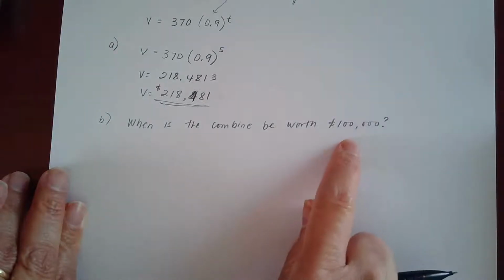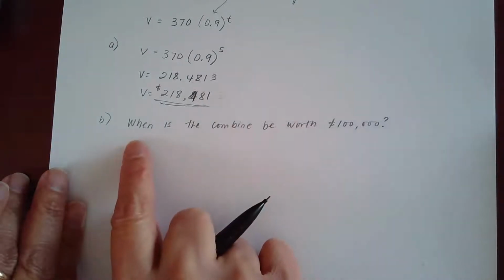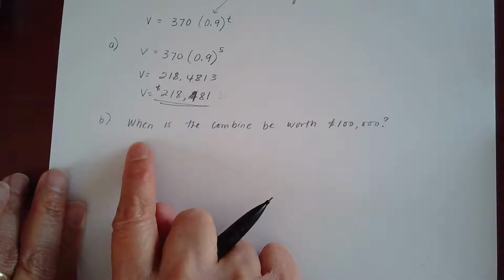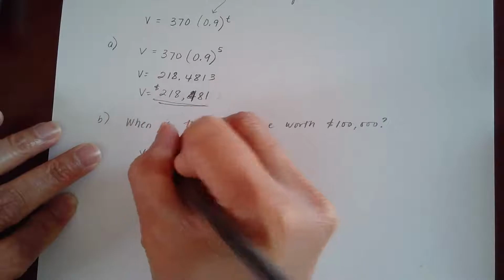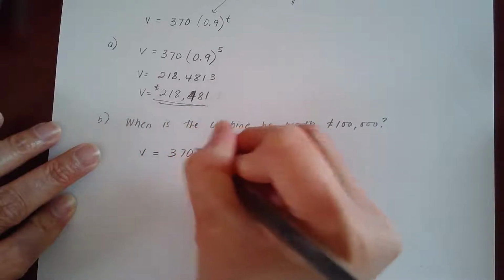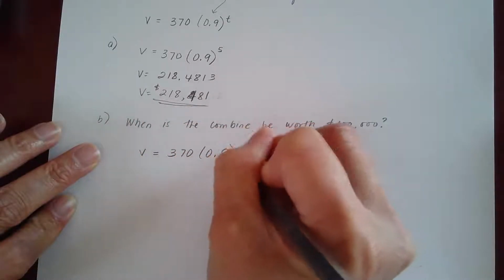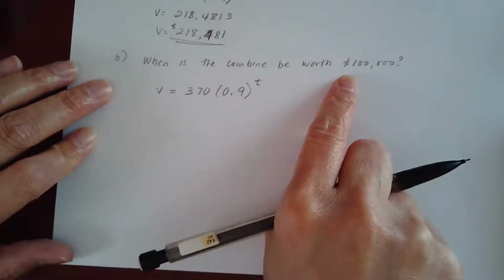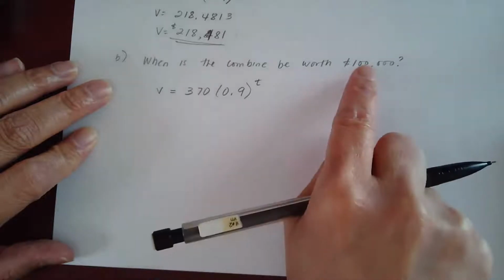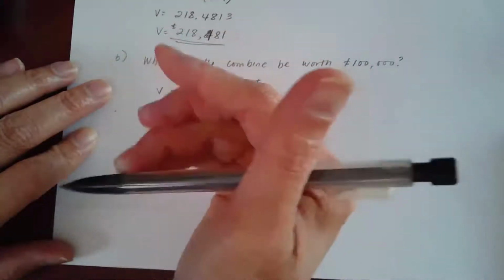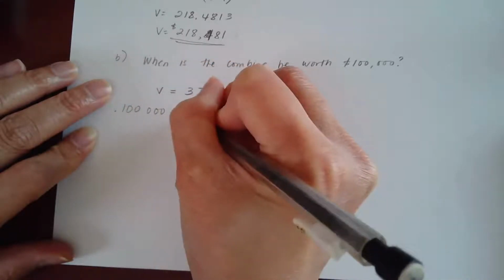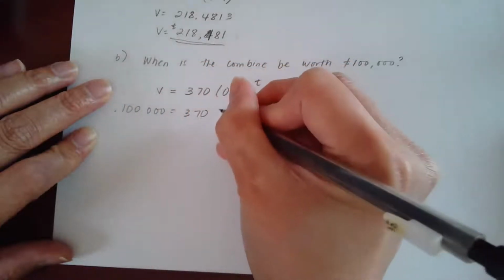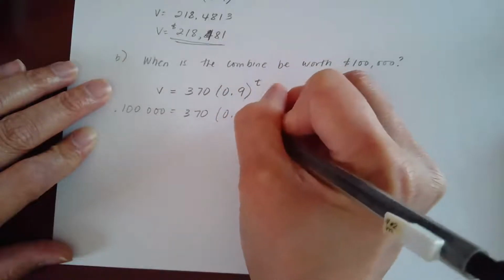So they're telling us the value, and then we're looking for answering the when question. So we're looking for time. So going at our formula, 370,000. So the value is 100,000. We're going to put that over here. And equals 370 times 0.9 to the t.